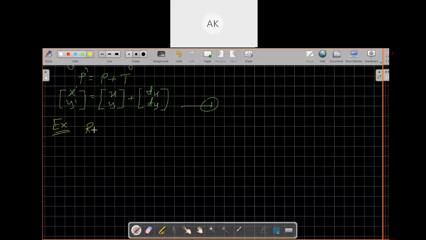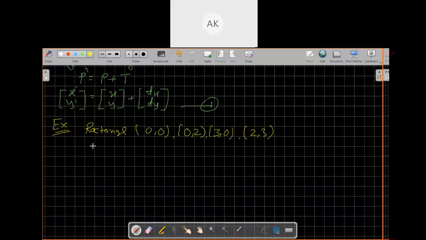Okay, so this is the actual formula you have derived for translation. In translation, we are changing the position of an object from one position to another with respect to our translation parameters tx and ty. Is it clear?